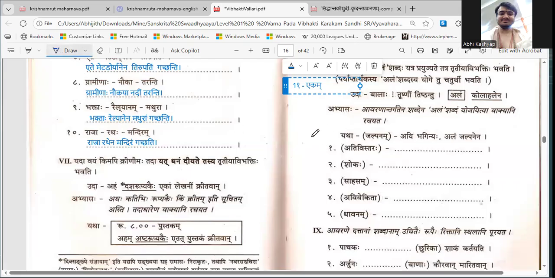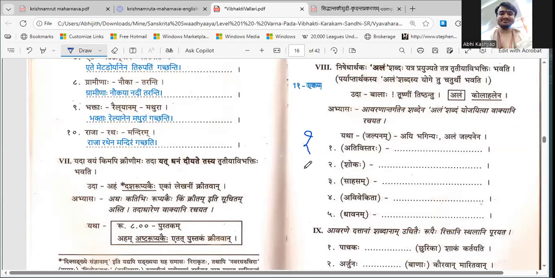So this is 1. The hook is closed. 2 is very similar to what we write in English. But this down part, it extends. This is 2.